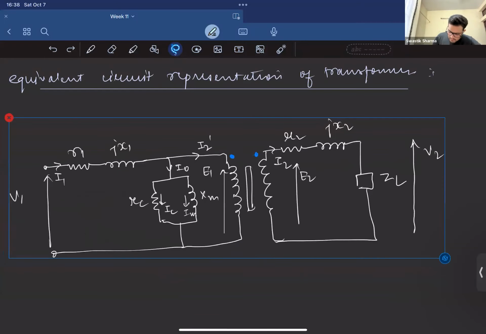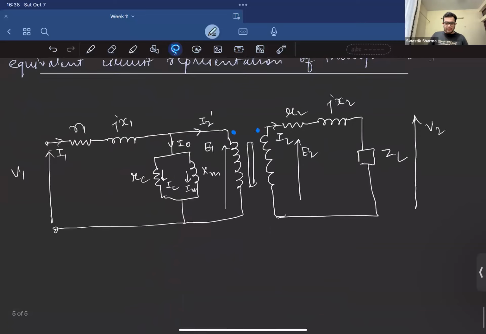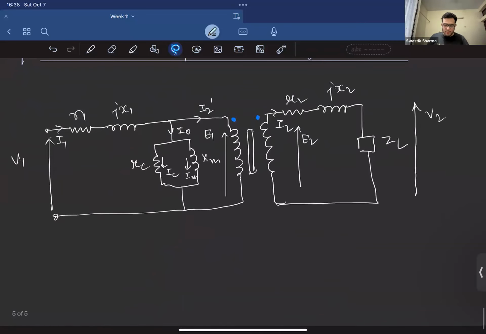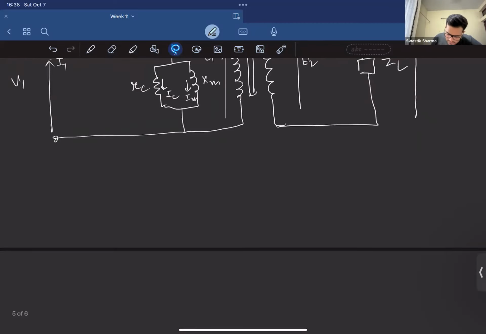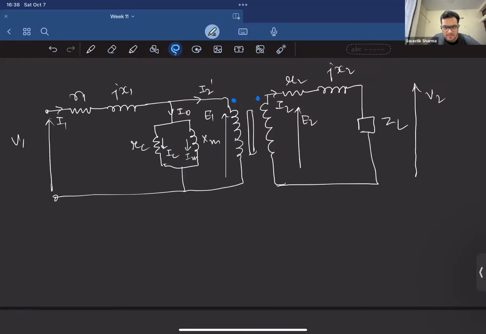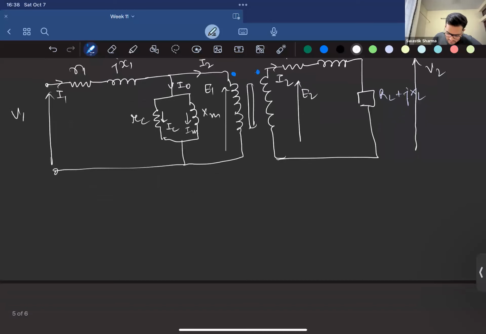Right, this was our circuit. Now, what we want to do is draw the equivalent circuit only from the primary side, right? Let's take all the secondary side components to the primary side. So what are the components over there? We have R2, X2, and some load. Let's say the load impedance is RL plus jXL, right?